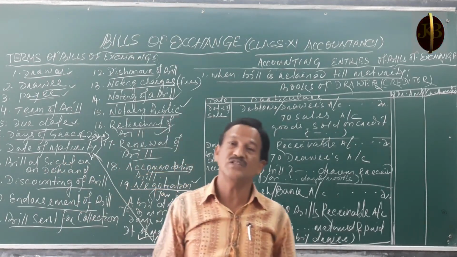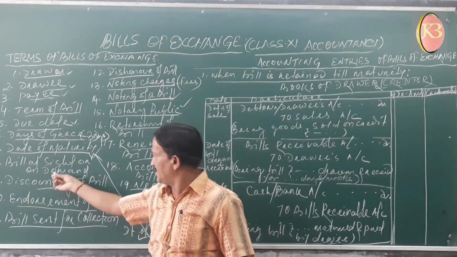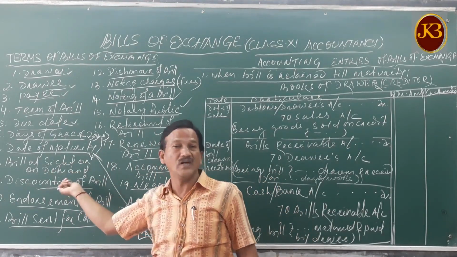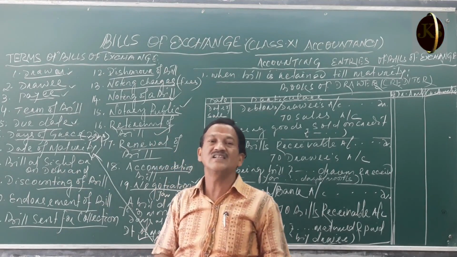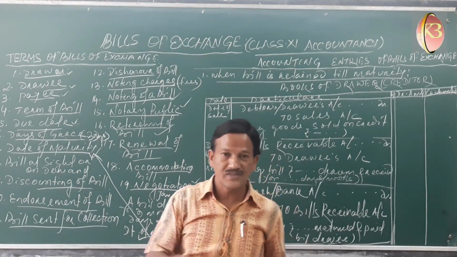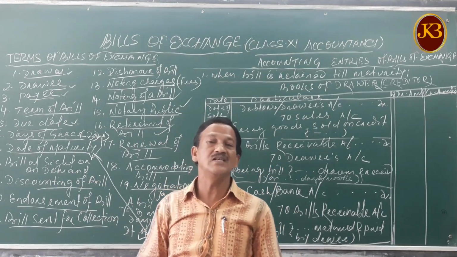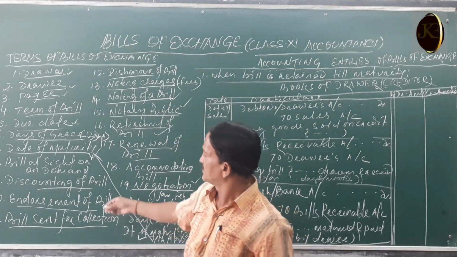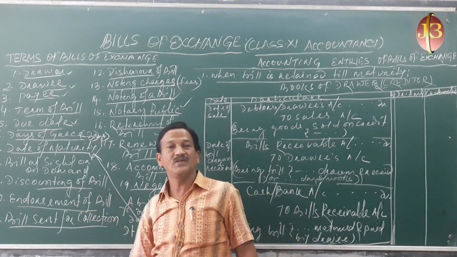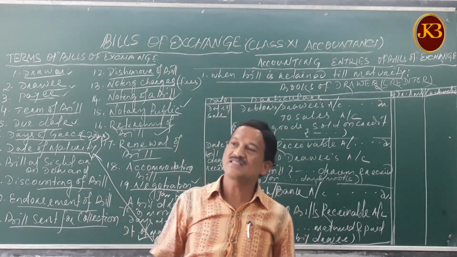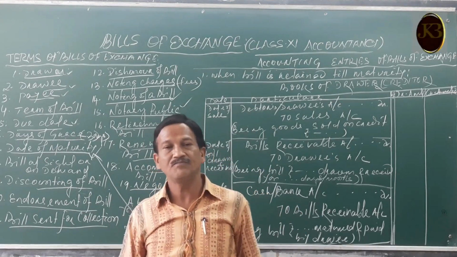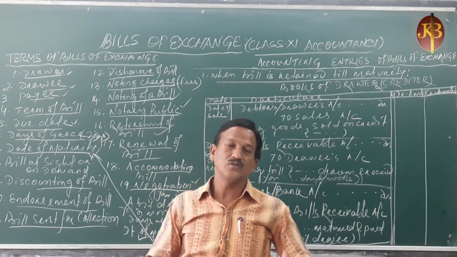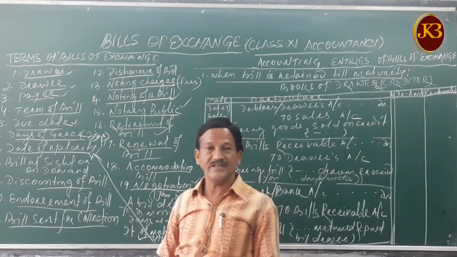Then bill at sight or on demand, the bill which does not need any time, the bill is immediately paid. Then discounting of the bill, which is to be discounted in the bank by the drawer to receive the payment of the bill before date of maturity.